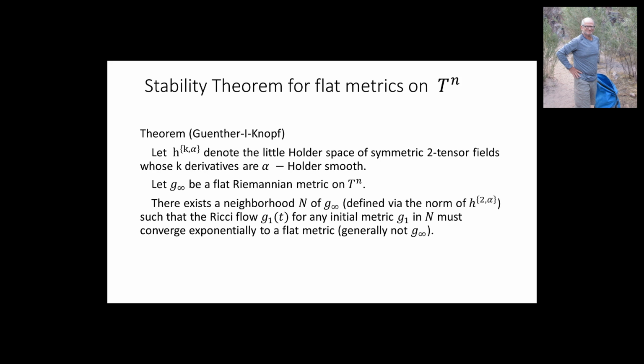The theorem says that if we let H^{k,alpha} denote the little Hölder space of symmetric two-tensor fields whose kth derivatives are alpha-Hölder smooth, and if we let g_infinity be a flat metric on the torus, then we can prove that there is a neighborhood of that flat metric, defined using the Hölder norm, such that the Ricci flow g(t) for any initial metric g_1 in that neighborhood converges exponentially to a flat metric, not generally g_infinity, but to some flat metric on the torus.